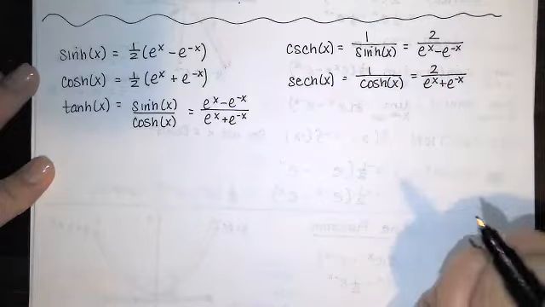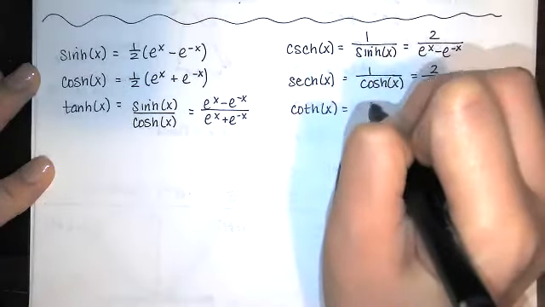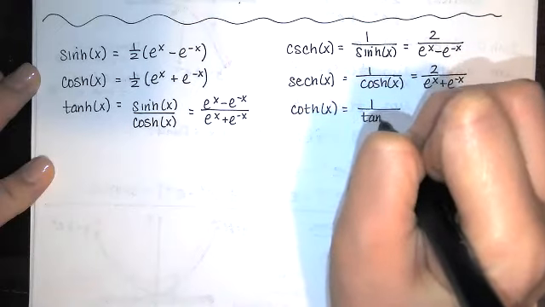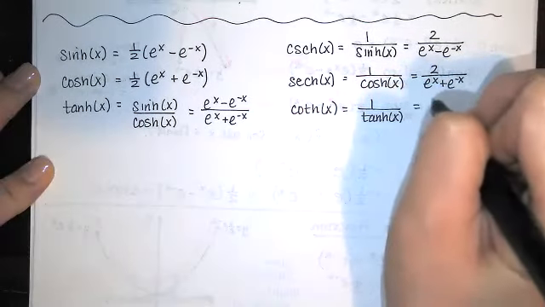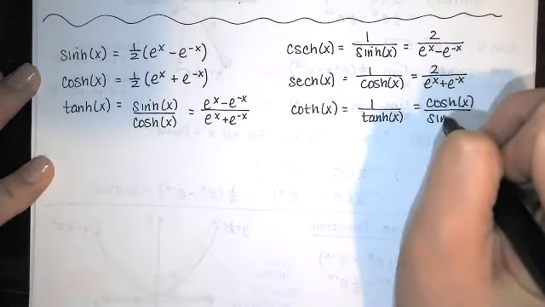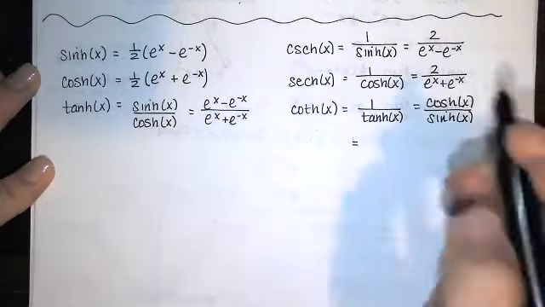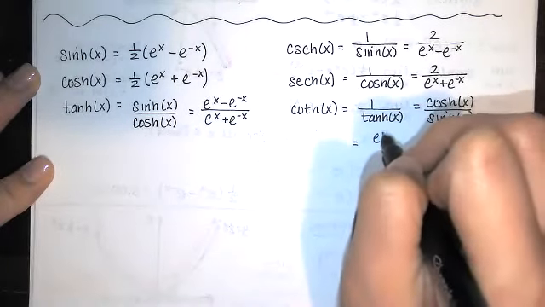So we get that. And hyperbolic cotangent is 1 over hyperbolic tangent, or if you prefer, hyperbolic cosine of x over hyperbolic sine of x. And you can just take that fraction and flip it if you want it in terms of exponentials.